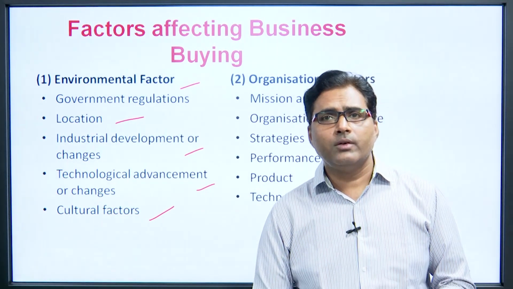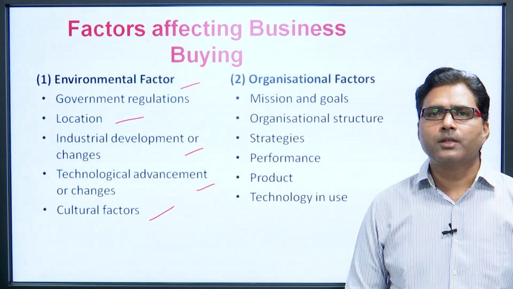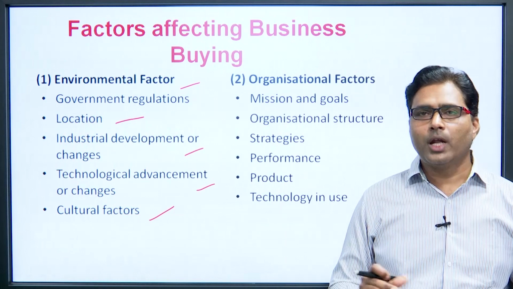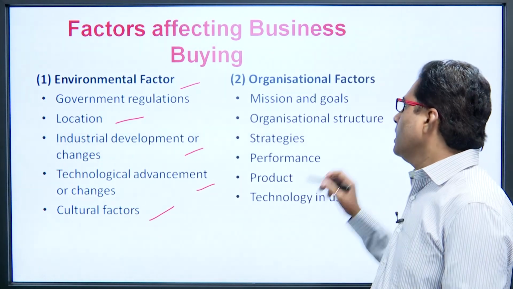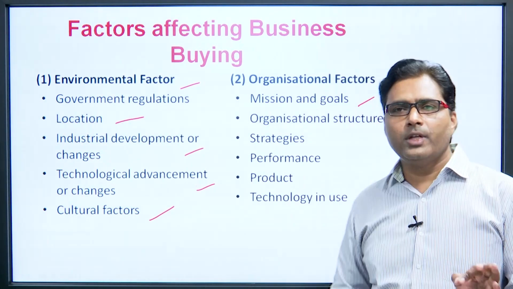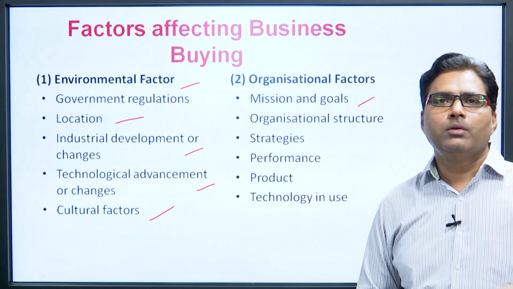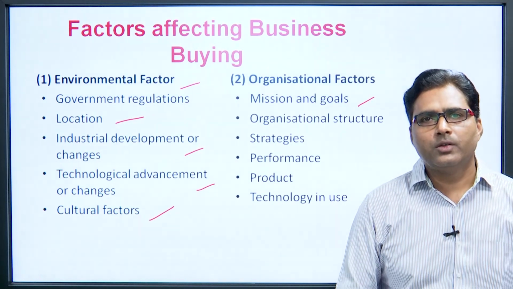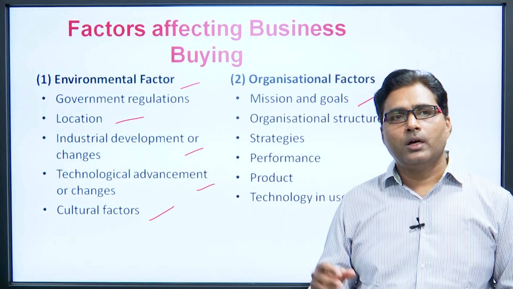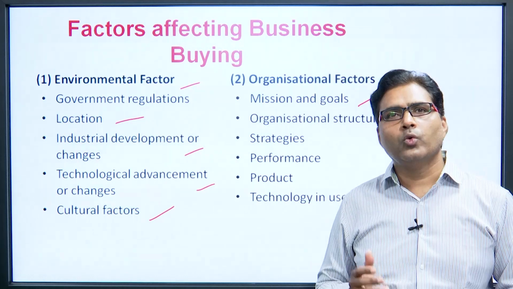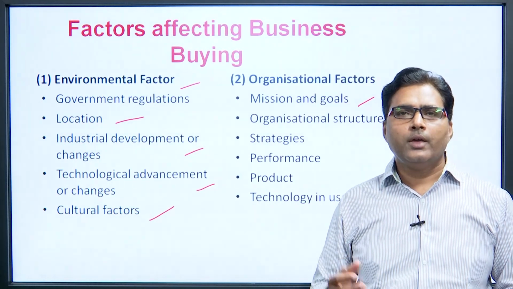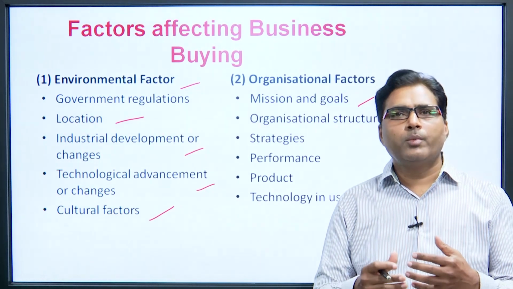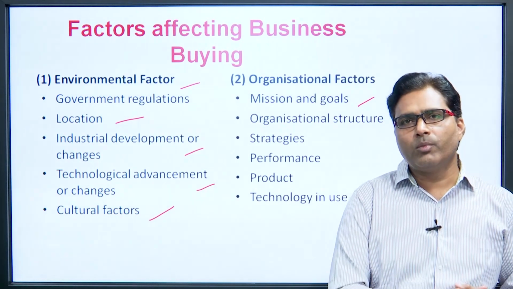Then comes the second factor, which is the organizational factors. Organizational factors are the factors which are purely associated with the organization itself. Here the very first and very important is the mission and goals of the organizations. Mission and goals or the objectives directly have influence over the buying behavior, because one company may be a non-profit making company, and the second company is a profit making company.